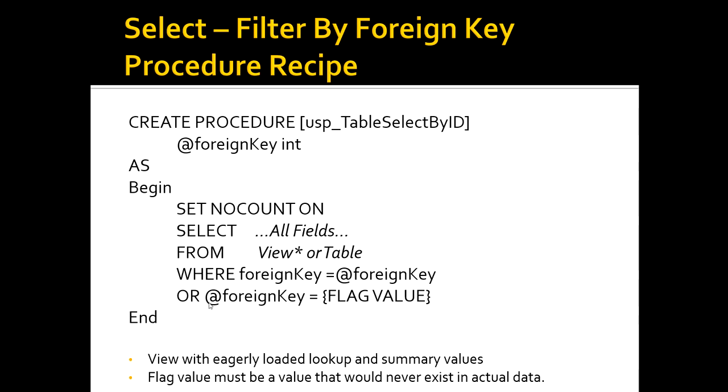And if an OR clause is always true, then the whole WHERE clause is always true and all records are returned. So it's a little programmer's trick to make sure that if we pass 0 for, in my case, the rating ID, I get all movies returned, right? It just makes it easy without having to switch stored procedures to remove the filter. So that's a bit of an example that might be fun to think about.